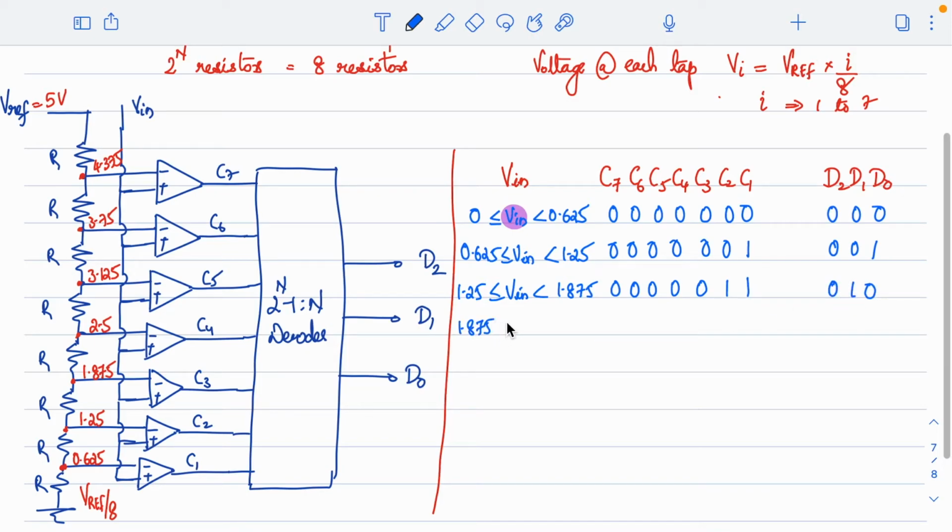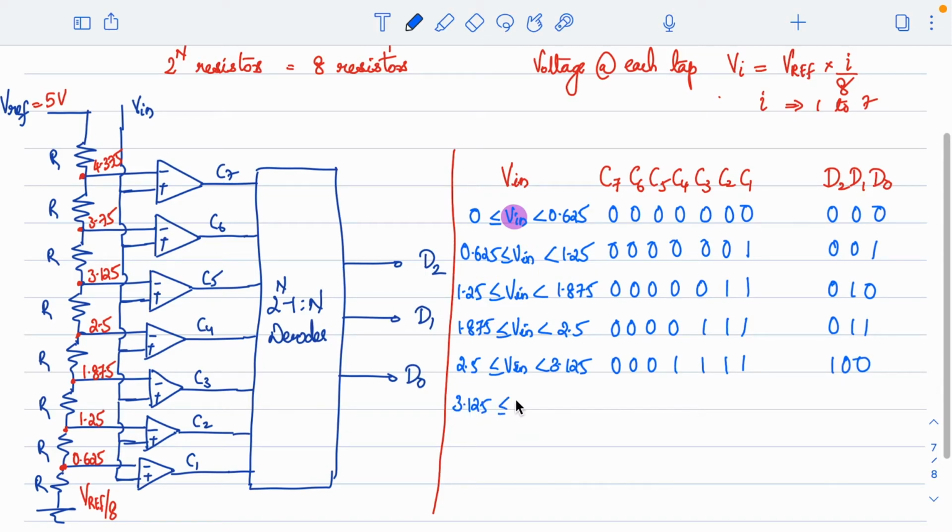entire range. When your input voltage is less than 2.5 you will have 0, 1, 1. When your input voltage is 3.125, this will be 100.